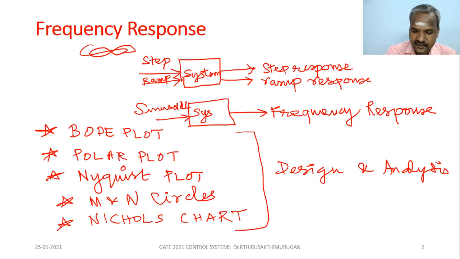We already saw the time domain specifications: rise time, delay time, dead time, then maximum overshoot, peak time, settling time for 2% tolerance, settling time for 5% tolerance, time constant, etc.